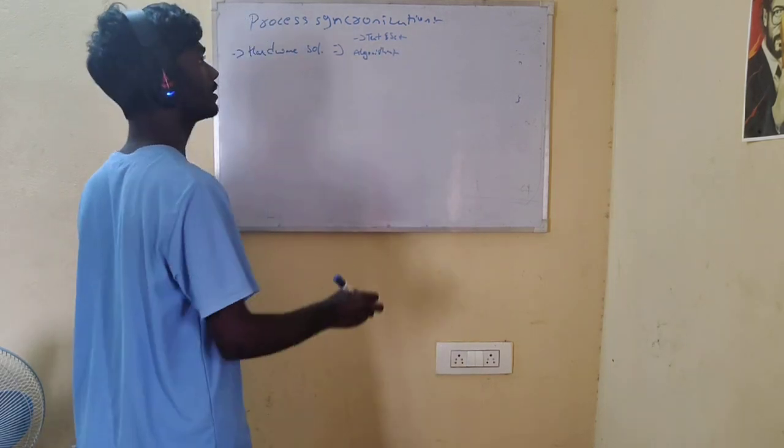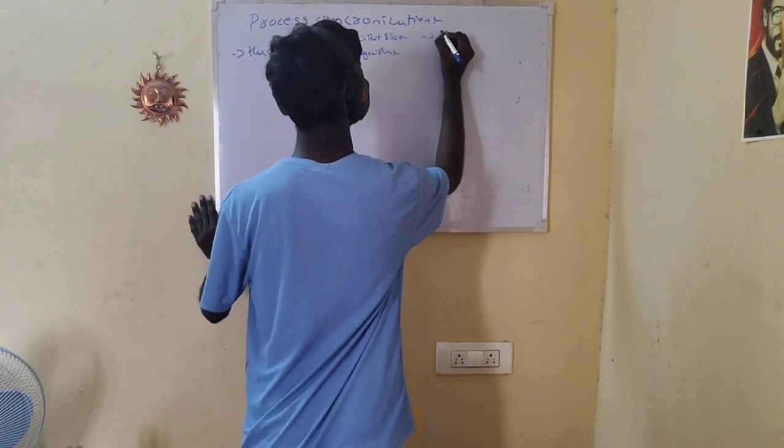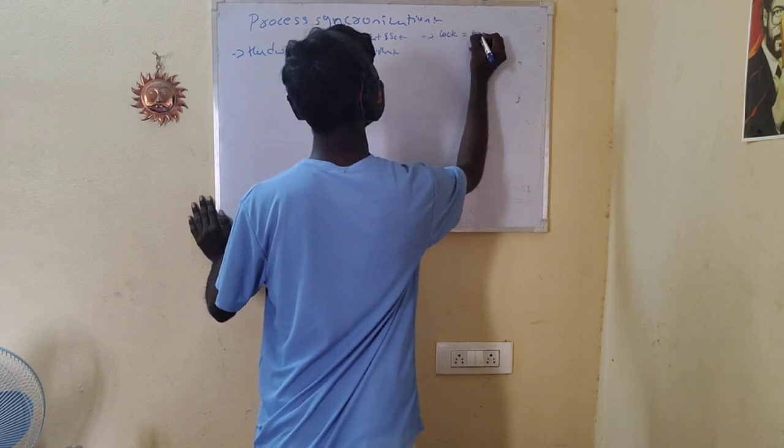Before talking about the algorithm, here we will have a variable called lock, which is initially set to false.